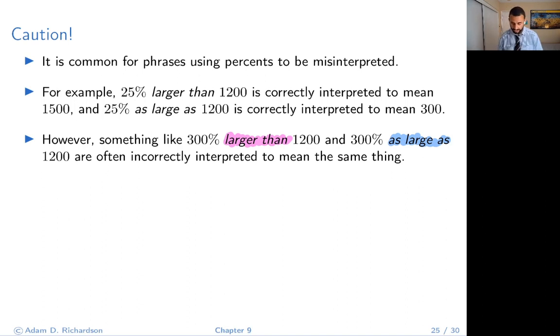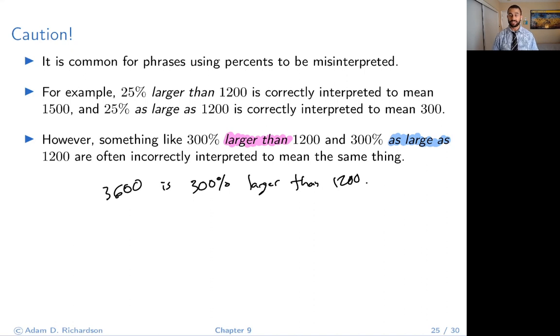Let's compute it right here. 300% larger than 1200, that means you're going to find 300% of 1200 and add that on top, right? So what's 300% of 1200? Well, 100% is 1200, so 3 of those is 3600.